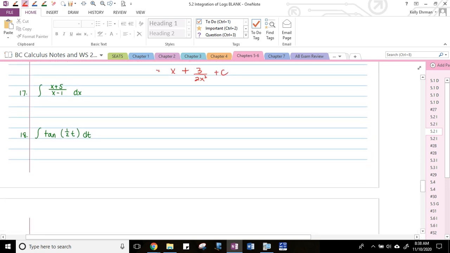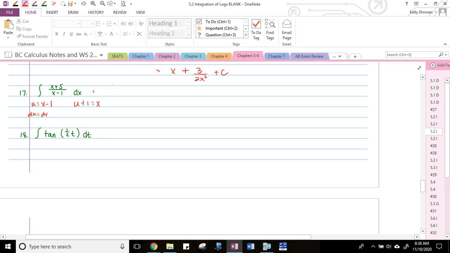All right, now 17, this one's weird because u sub is like if u is equal to x minus 1, then du is dx. And like, what about this x plus 5? You can do this a couple of ways. You can do our trick, solve for x. So u plus 1 is equal to x.